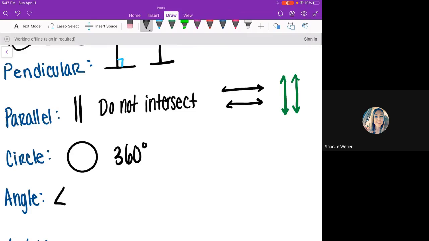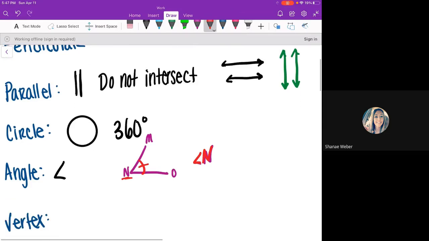If you see something like, put it in purple, like this, and this is M, this is N, and this is O, this would be angle N right here. This red one would be angle N. But we're talking about that letter right there. And that's a symbol for it in black over here on the side.